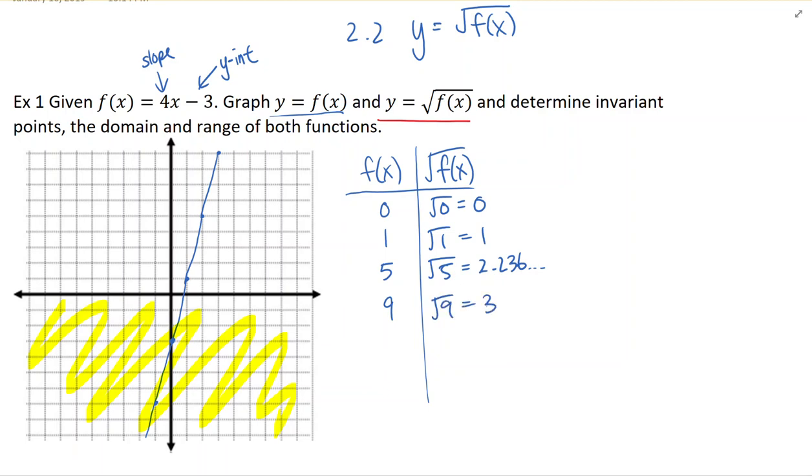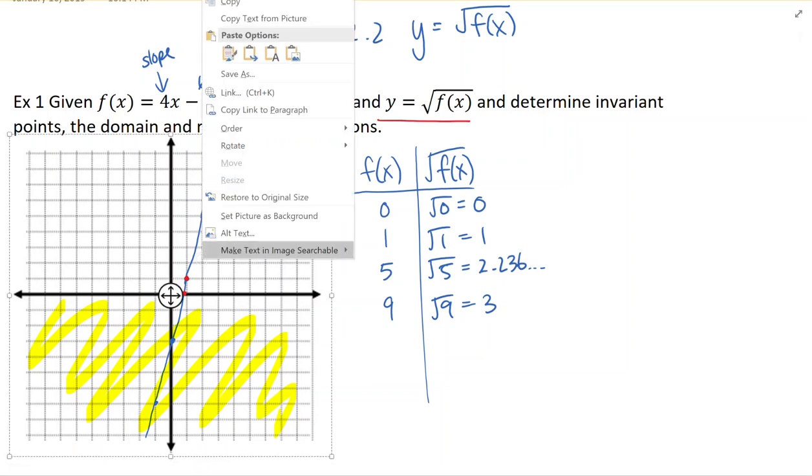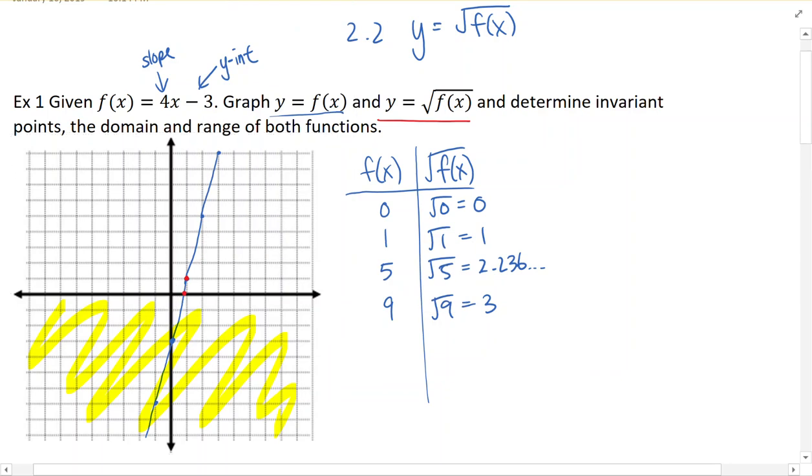So let's plot those points down. 0 is 0, 1 is 1, 5, where y was equal to 5, is now 2.236-ish, so that's a quarter to my best of abilities, and 9 is down to 3.